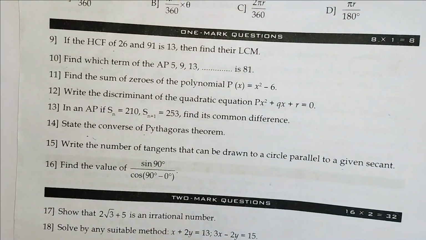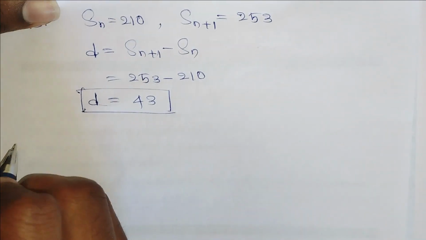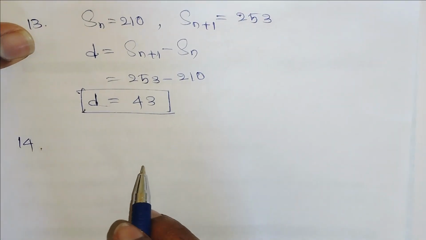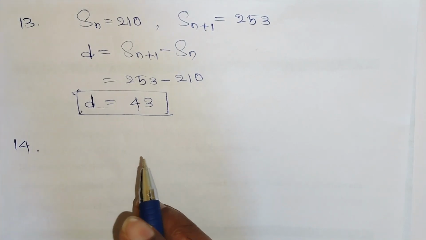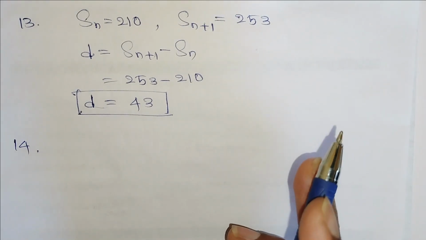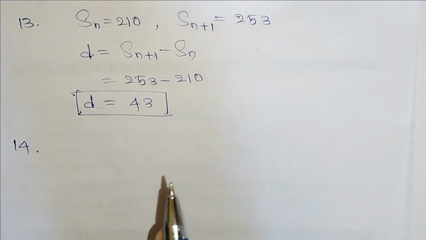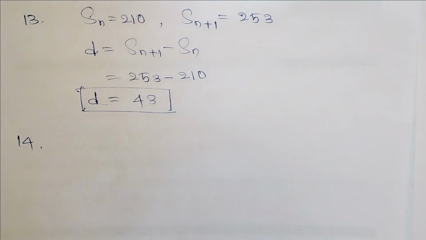The theorem is that in a right angled triangle, the square of the hypotenuse equals the sum of the squares of the other two sides having the right angle. But here we have to state the converse.